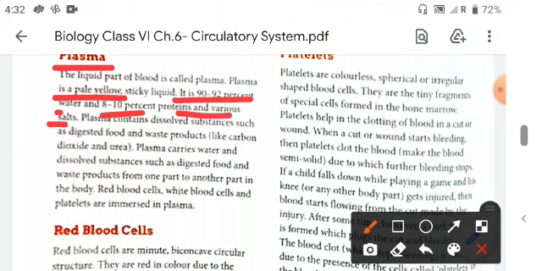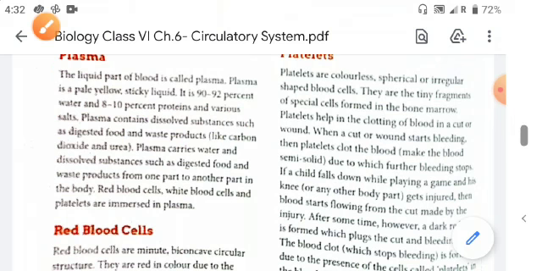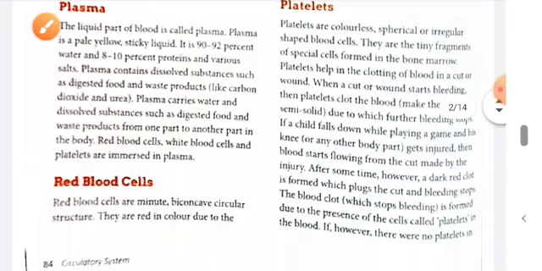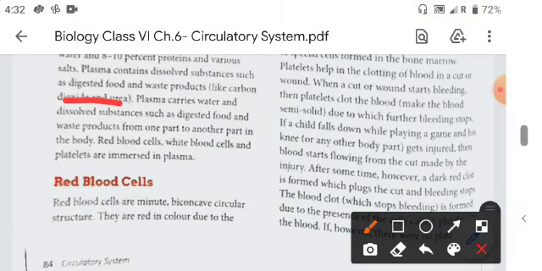Plasma contains dissolved substances such as digested food and waste products. And what are the waste products? That are carbon dioxide and urea. So plasma contains dissolved substances, that is digested food and water.